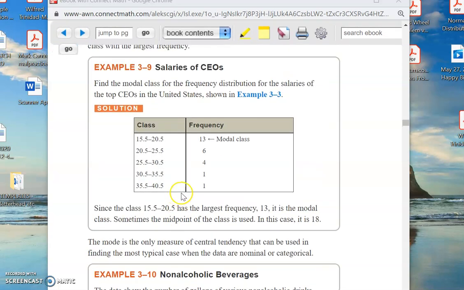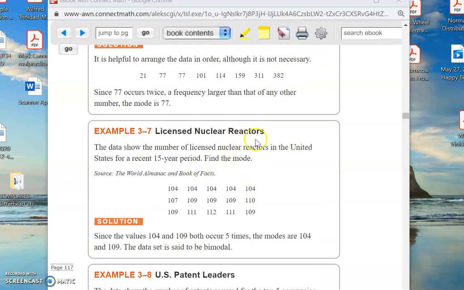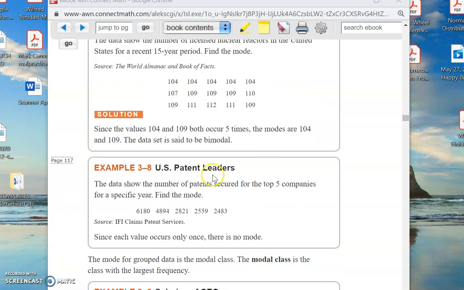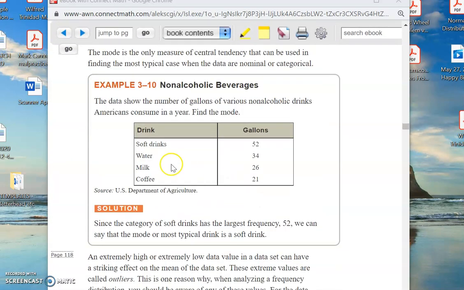That's different from what we had before, where we had one category, the salary. Before, there were no different categories. Now we've got soft drinks, water, milk, and so forth.